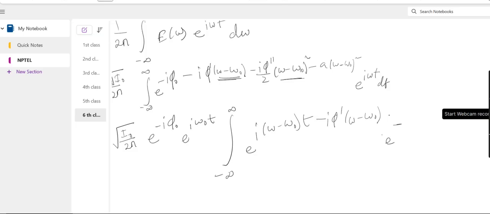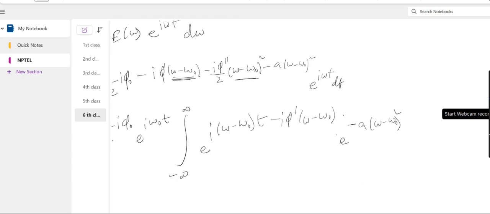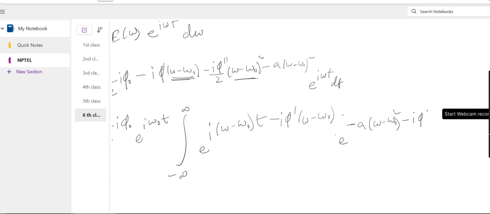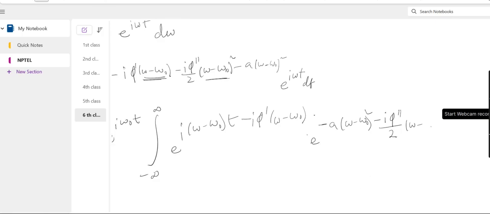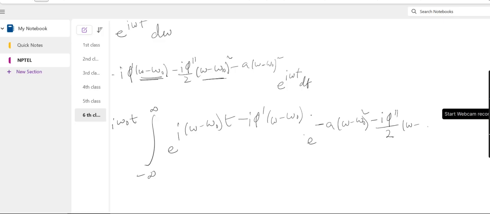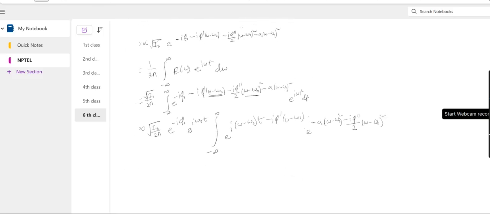e to the power minus A omega minus omega naught square, minus i phi dash dash by 2, e to the power minus i omega t, from minus infinity to plus infinity.